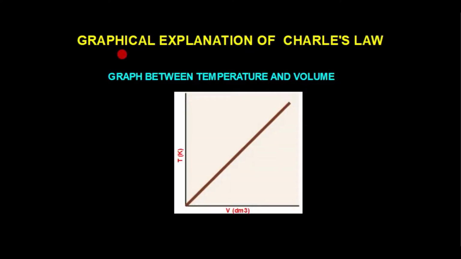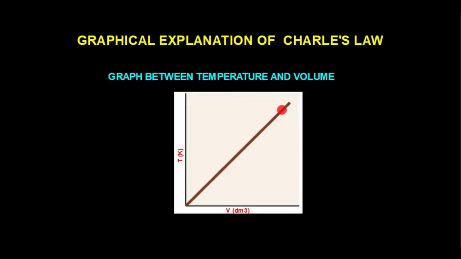Now we will study the graphical explanation of Charles's law. When we plot a graph between volume and temperature, taking the volume on the x-axis and temperature in Kelvin along the y-axis, we get a straight line.